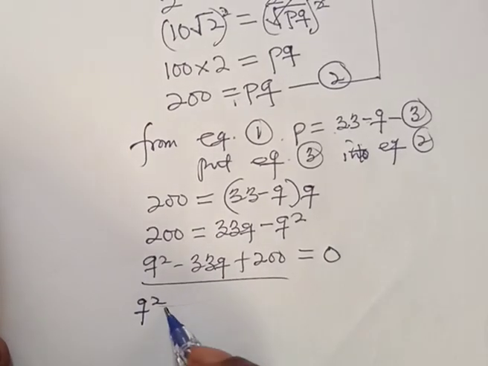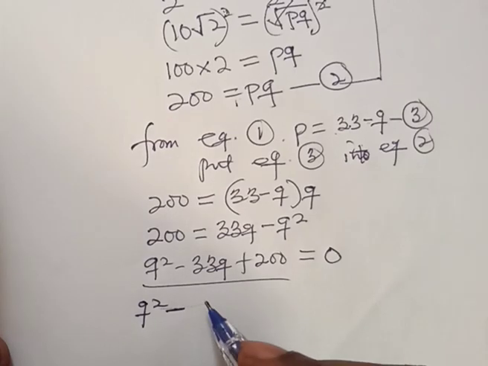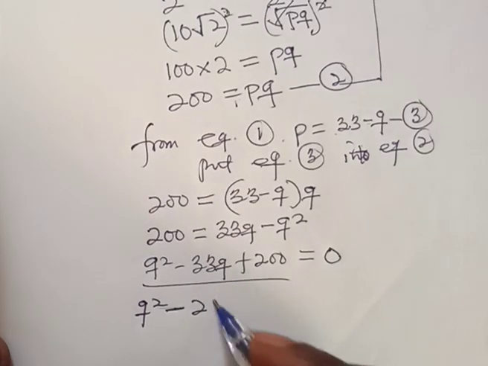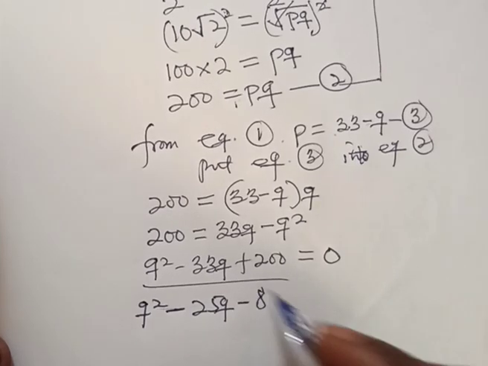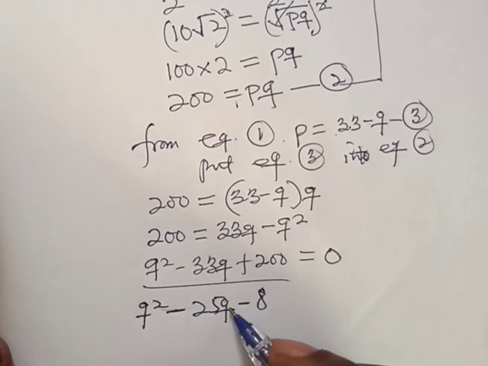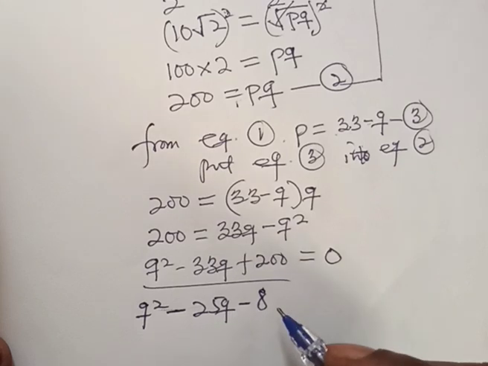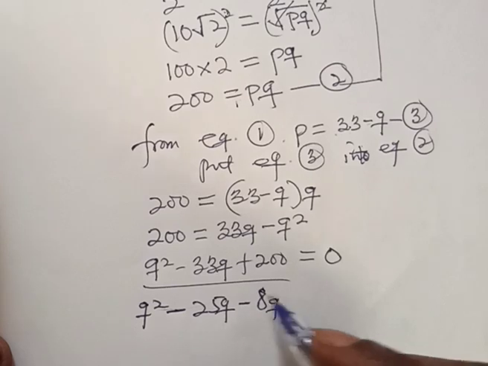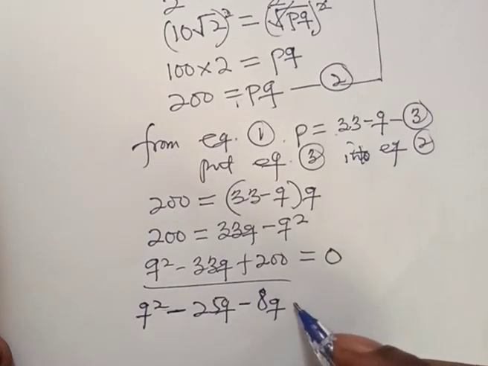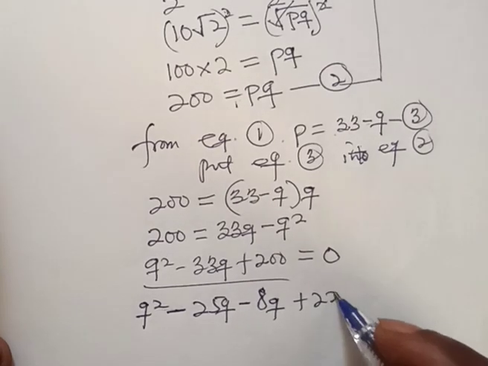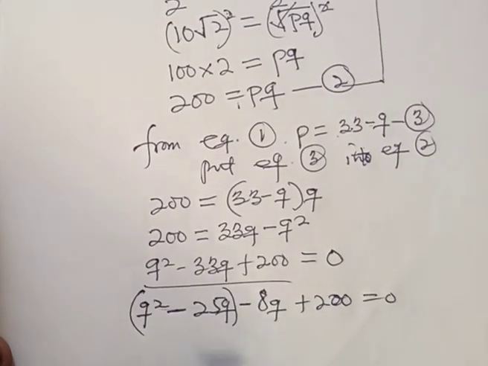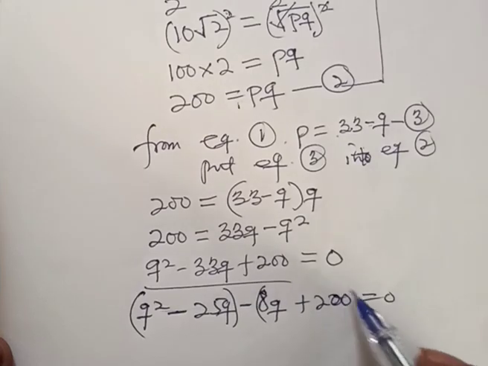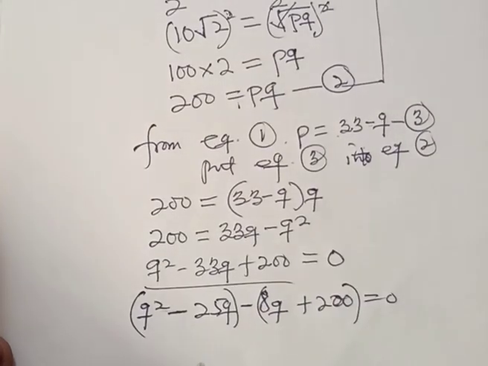So this is minus, I think I can use 25 and 8. Because when I multiply 25 by 8, I think I will get 200. All right? Yes. And when I add them, I will get negative 33. Okay? Good. So I can put this in one bracket and this in another bracket. Have you gotten that?